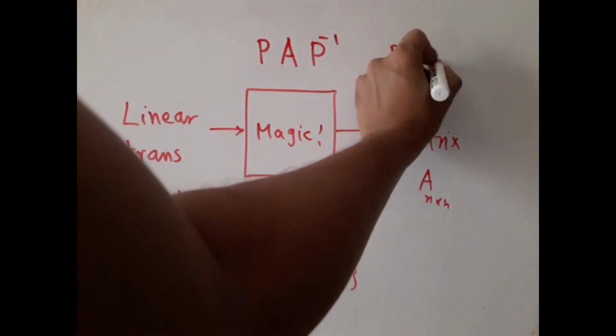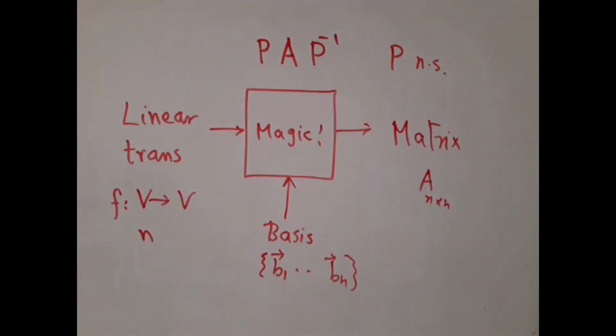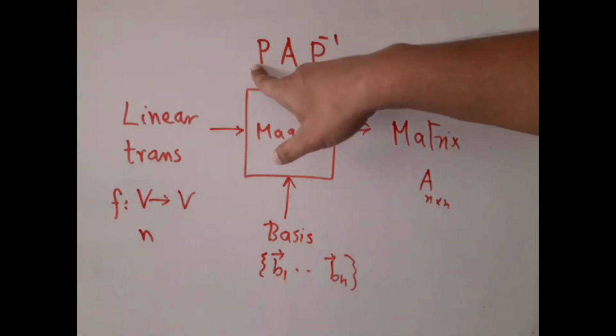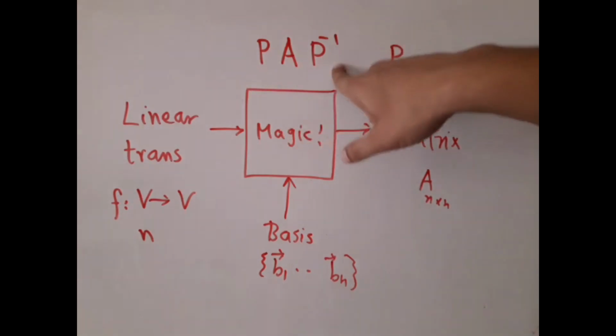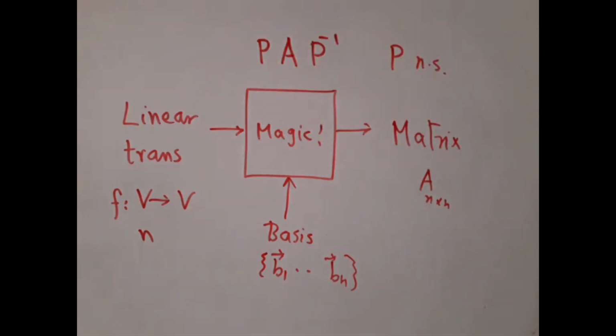some non-singular matrix. And conversely, if you give me any matrix A and any non-singular matrix P, then PAP inverse and A, they both represent the same linear transformation with respect to two different bases.